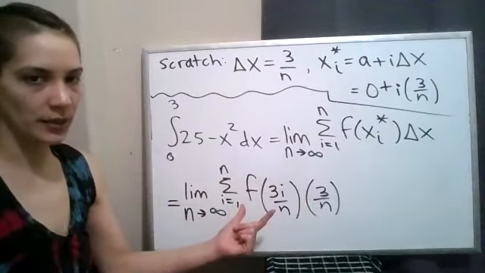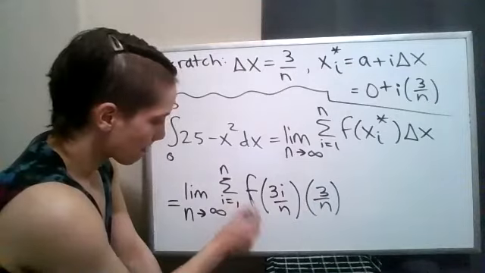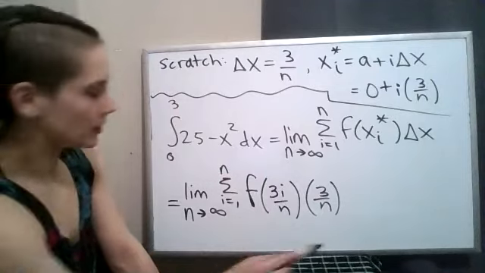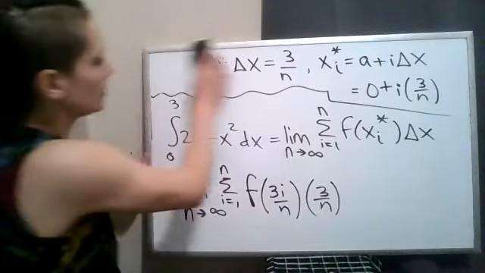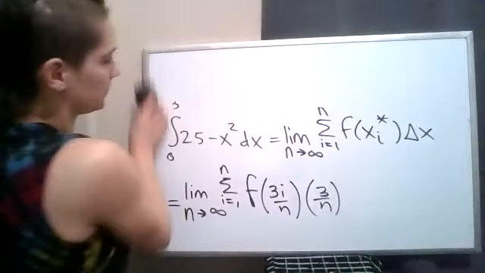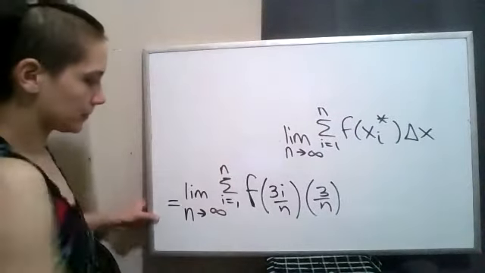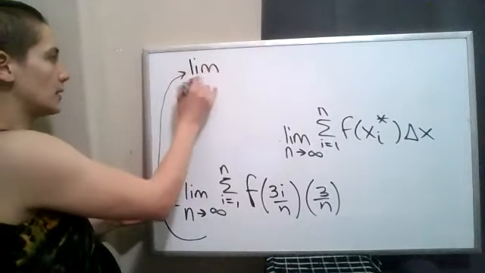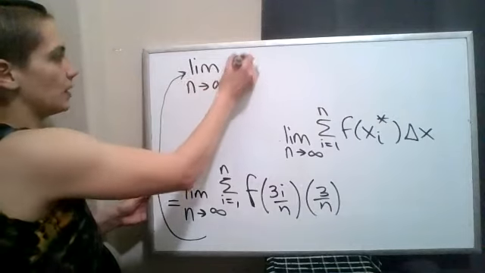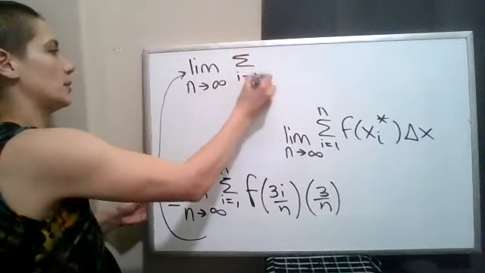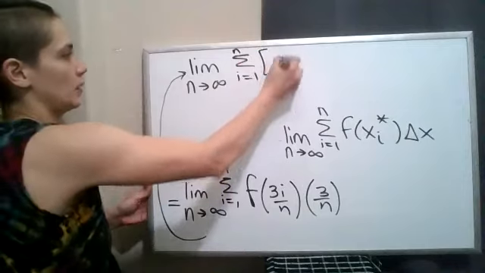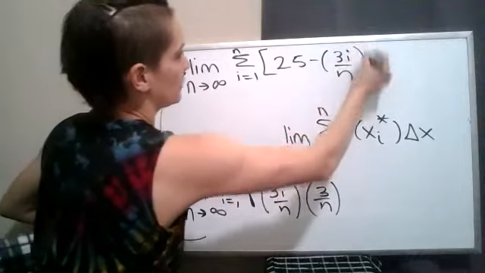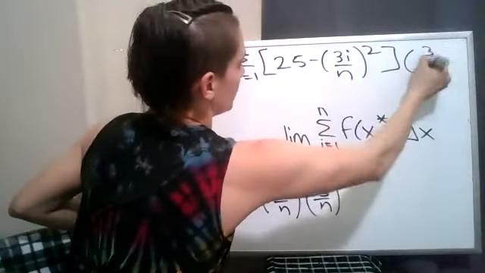So let's put that into our function. 3i over n is going in for your x value, so this is going to be the limit as n goes to infinity of a sum from i equals 1 up to n of (25 minus (3i over n) squared) times 3 over n.